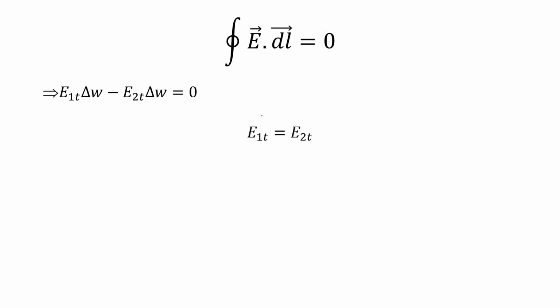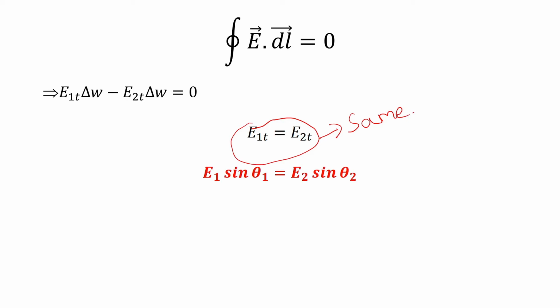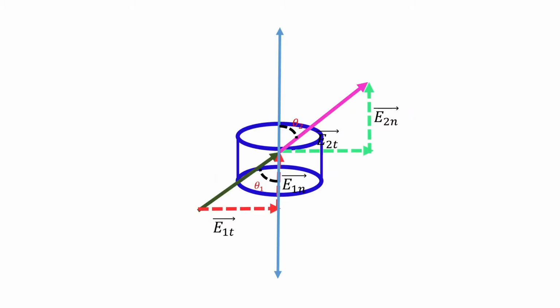Therefore, I can conclude that the tangential components of electric fields in medium 1 and medium 2 at a dielectric interface are the same. So E1 sin theta 1 equals E2 sin theta 2.